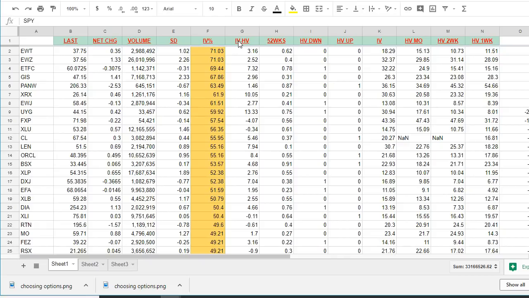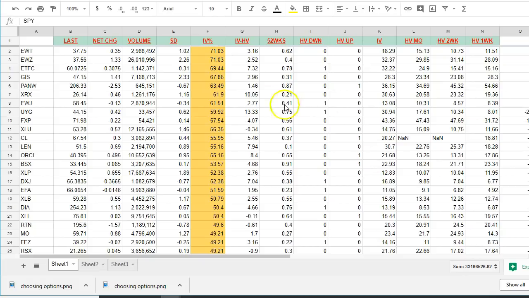So IV minus HV, and that's the result. Then the 52 weeks range, of its own range of every stock. Then we're looking at the actual implied volatility, then the 30-day historical volatility, then the 2 weeks and 1 week historical volatility. Now, here's how we're going to use all these numbers.